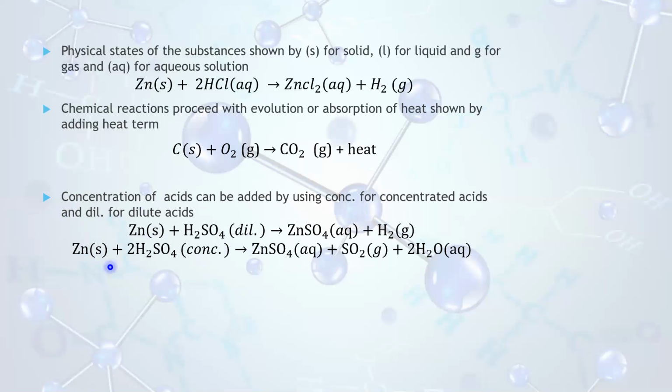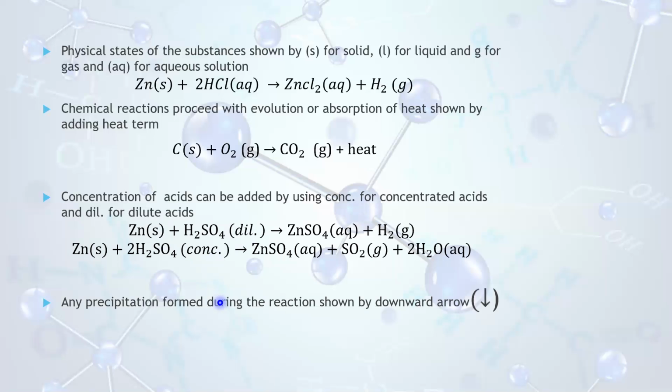And in this case, zinc plus sulfuric acid, here we are using concentrated acid. So the products are different. So when you see this CONC and DIL, it gives the information about the concentration of the substances which we have taken for the reaction.